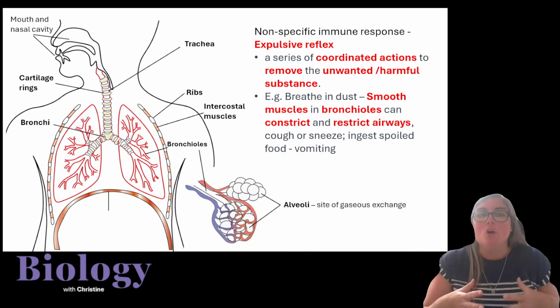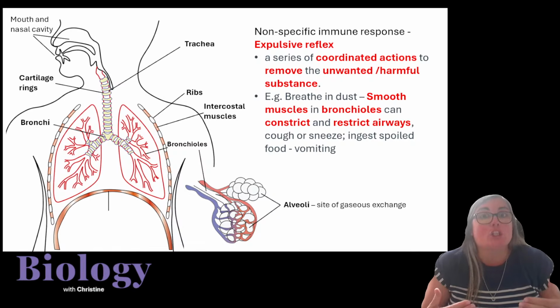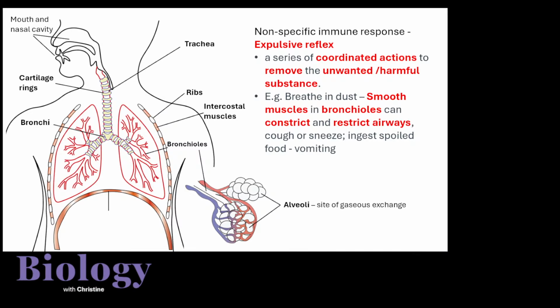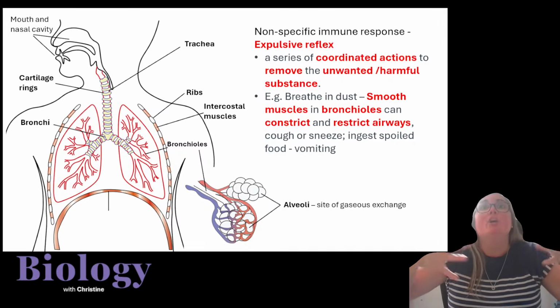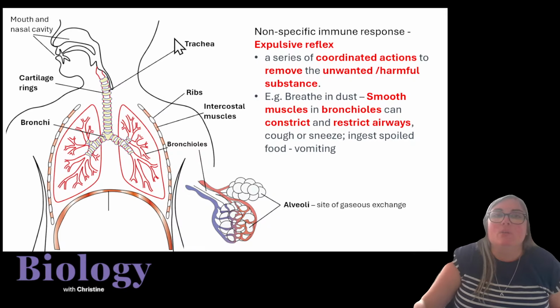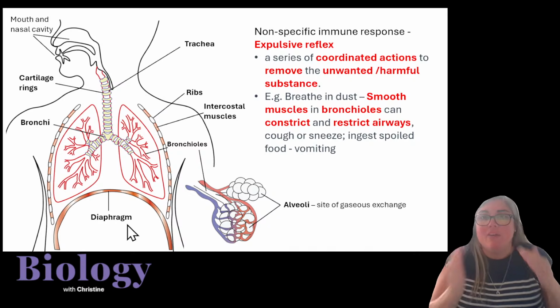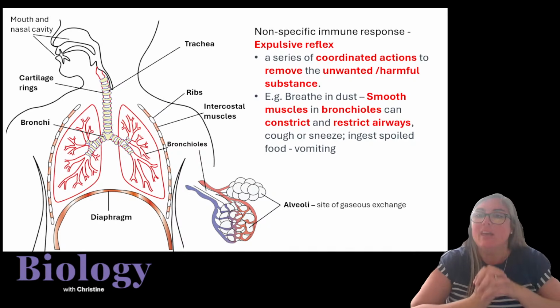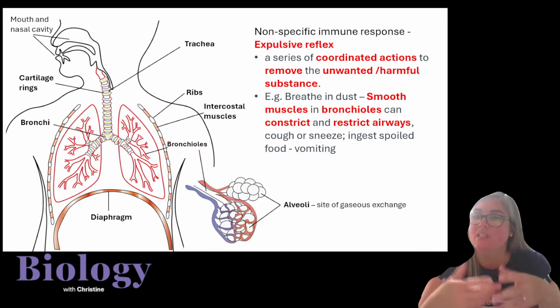So if our external intercostal muscles are contracting, they're going to lift our rib cage up and out. That is therefore going to increase the volume. If we contract our diaphragm, that's going to drop it down. That is also going to increase the volume.